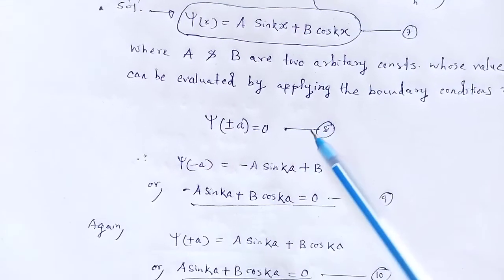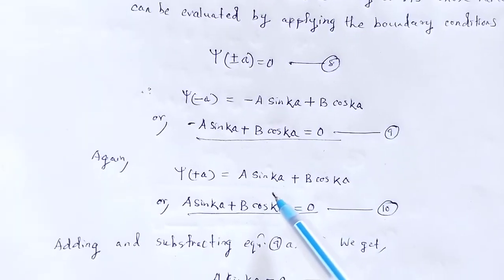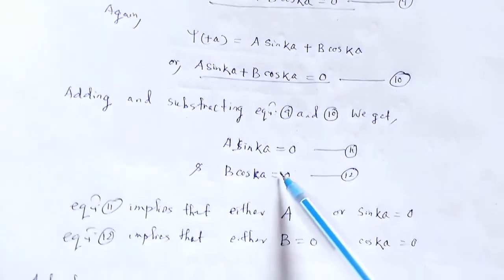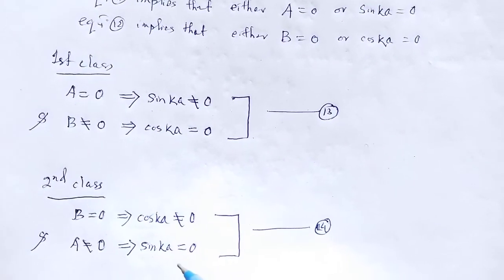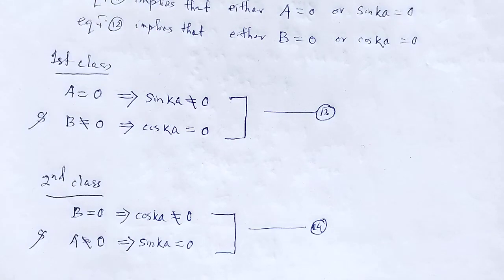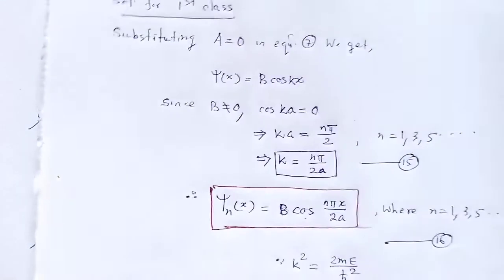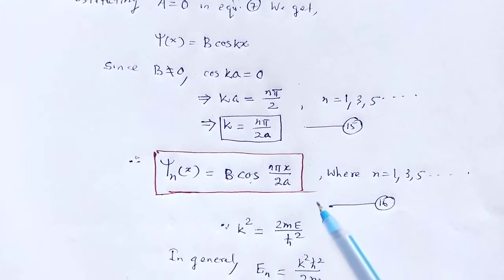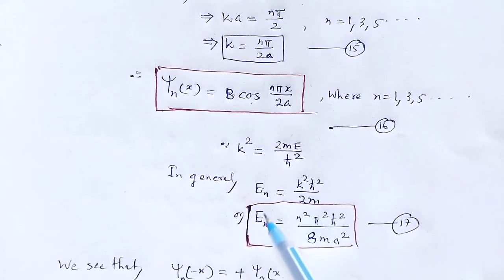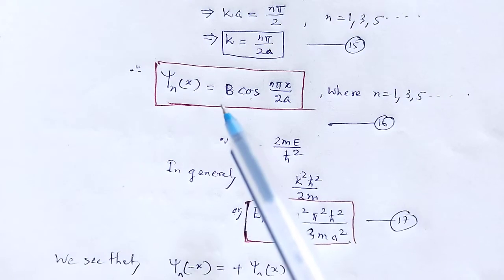and the arbitrary constants a and b are calculated using the boundary conditions, and we get two classes of solutions, first class and second class. We use these two classes of solutions individually and get the solution of the first class, psi n and En, the wave function and energy.